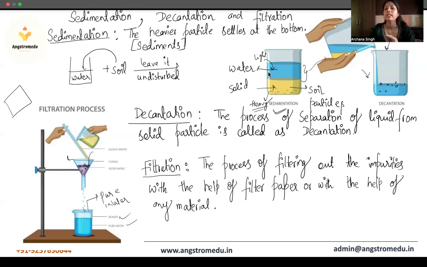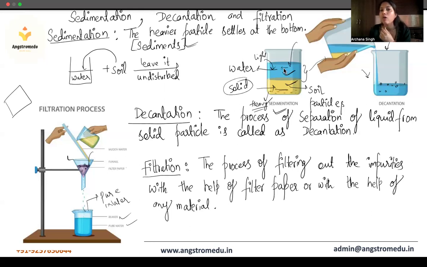You will see that the water collects at the top, and the soil particles, which are solid, are at the bottom. These solid impurities are called sediments, or whatever settles down at the bottom is called sediments. Now the water collected here is separated out into another beaker, just water, the liquid. So this thing was solid, this thing is liquid.